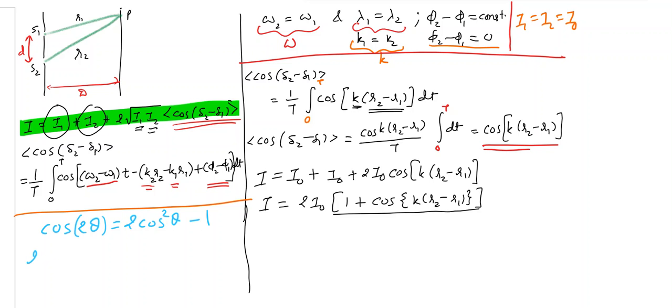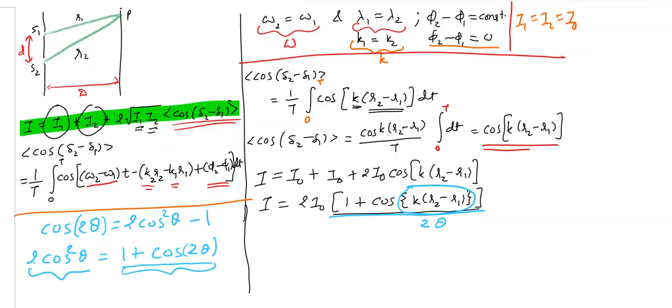So make 2 cos squared theta the subject of the formula. You'll have 1 plus cos 2 theta. Now compare this term with our square bracket. So this is our 2 theta term. And then I can replace this 1 plus cos 2 theta with 2 cos squared theta.